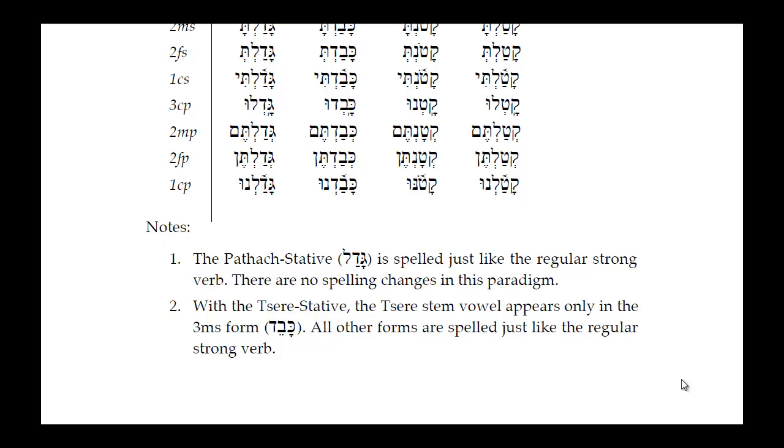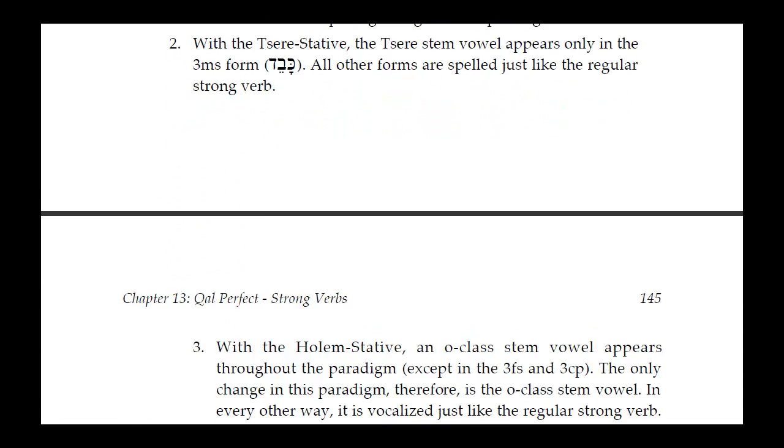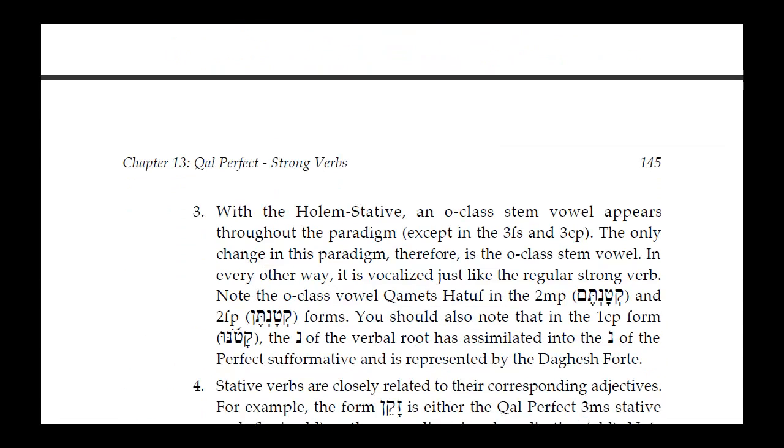Just some notes on the Patach dative. Gadal is spelled just like the regular strong verb. There's no spelling changes in the paradigm. And number 2, with the Tsere dative, the Tsere stem vowel appears only in the third masculine singular, and that's what I already mentioned. Now, with the Holem dative, an O class stem vowel appears throughout the paradigm, except in the third feminine singular and the third common plural.